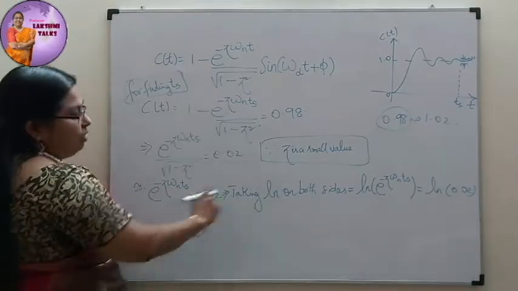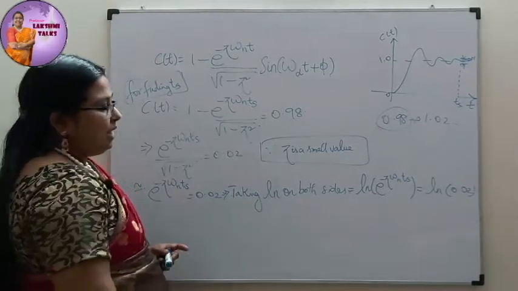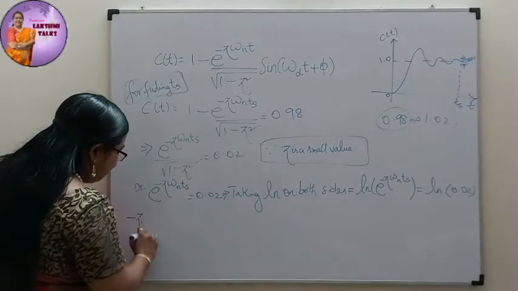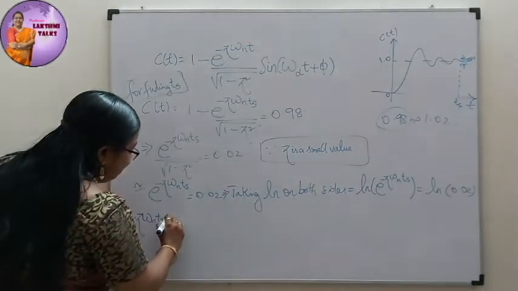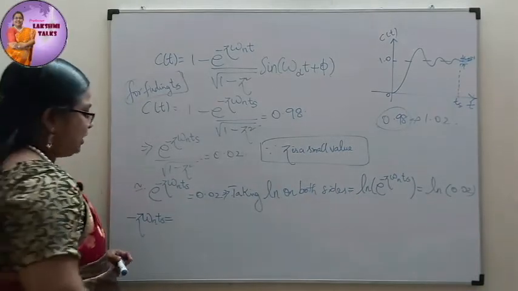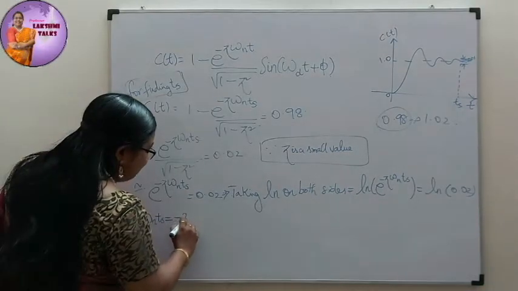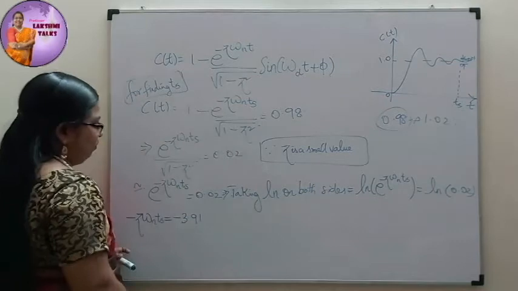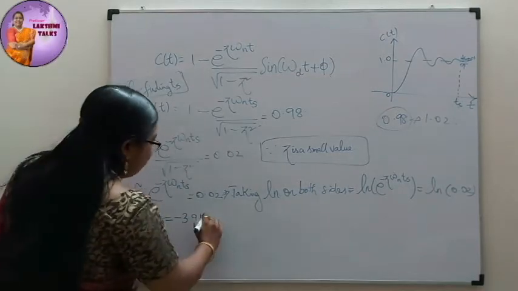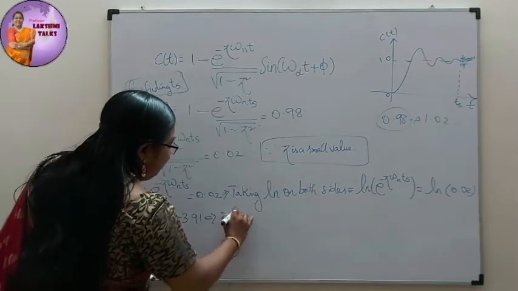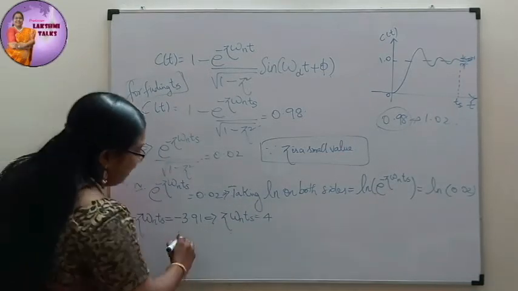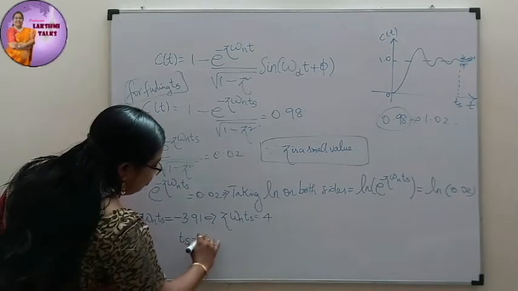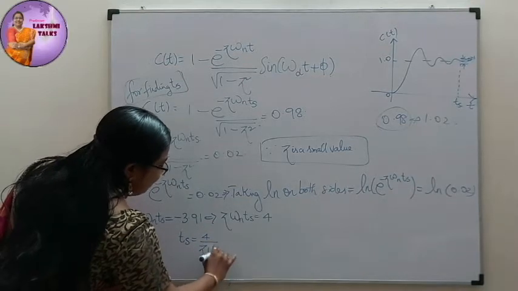Ln of e power minus zeta omega n Ts is nothing but minus zeta omega n Ts. And as I told you, ln of 0.02 is minus 3.91, which is approximately 4. So zeta omega n Ts is equal to 4, which means Ts is equal to 4 by zeta omega n.